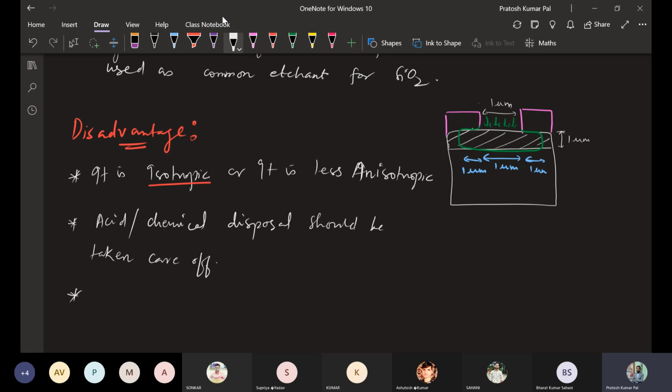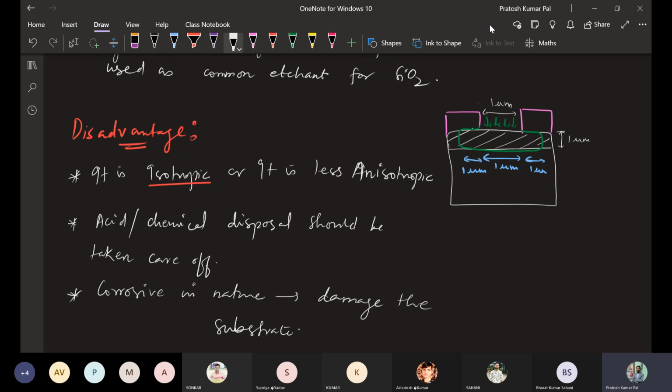Okay, so that is one of the disadvantages. Another is, if it is acid, it will be corrosive in nature, so that can damage the substrate. That is in case of the chemical type of etching process.